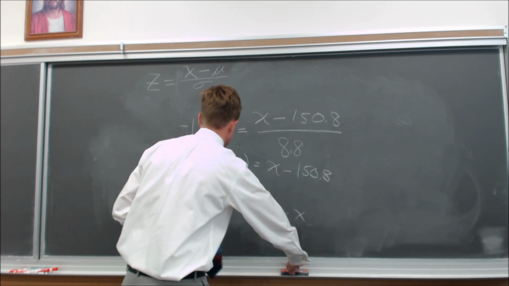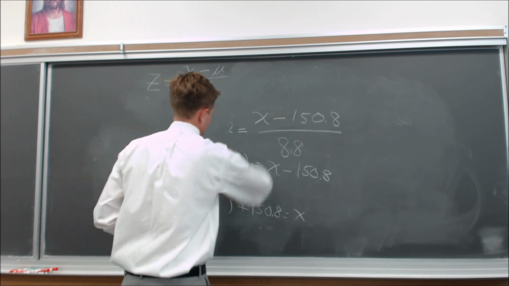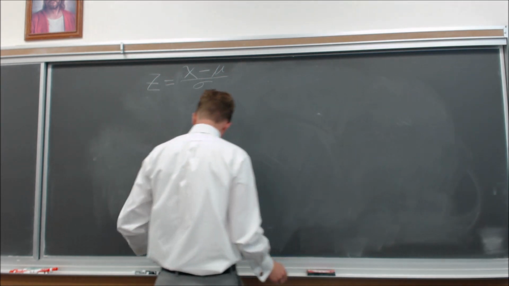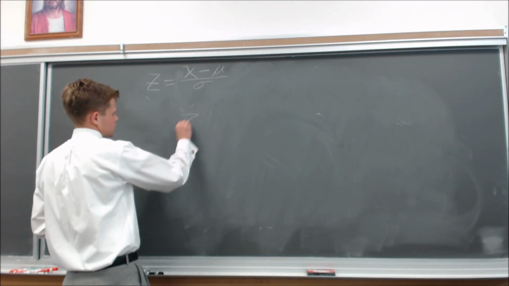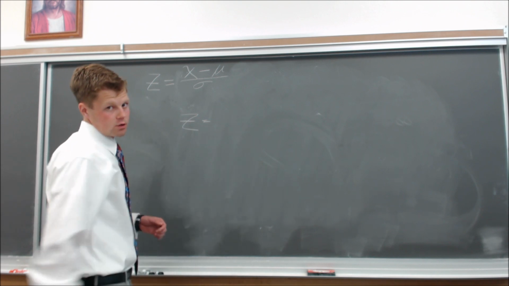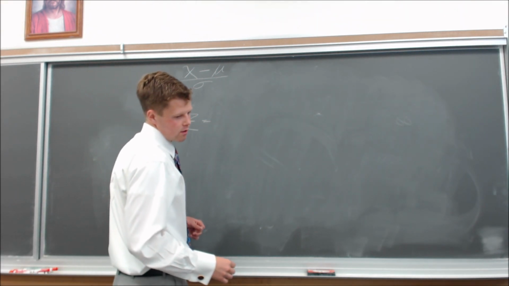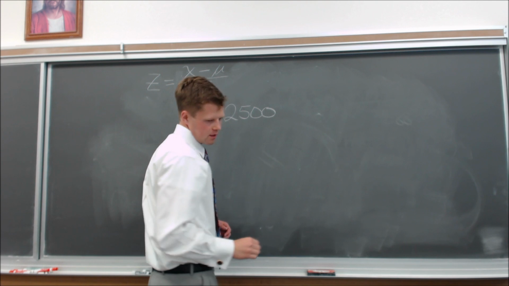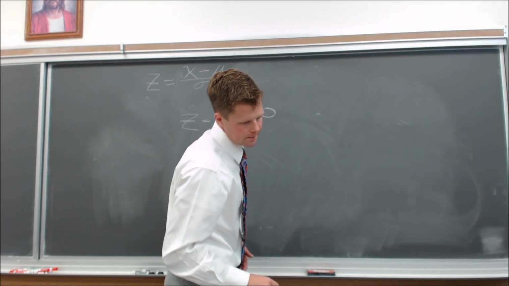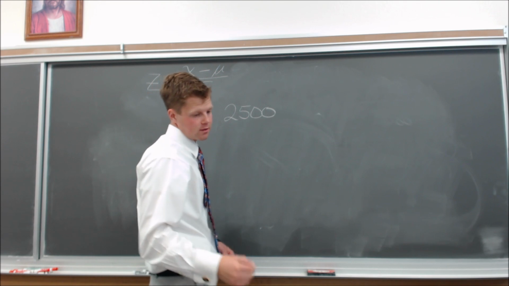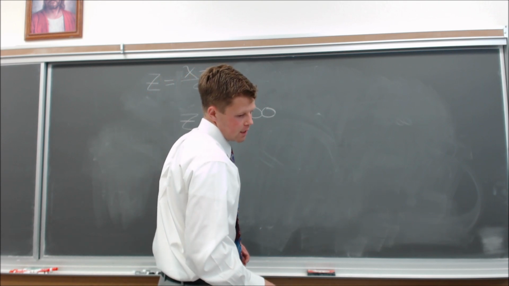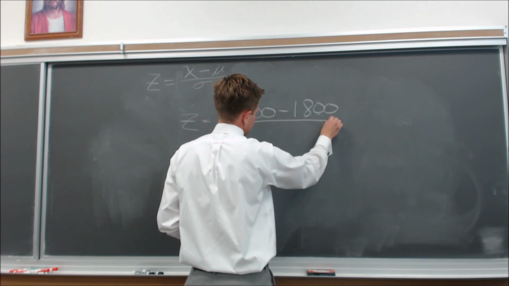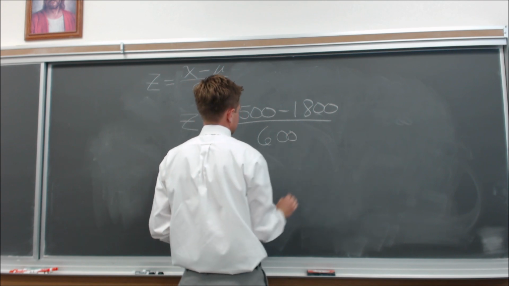Okay, so now we're going to come back to our z-score formula. We're going to look for the z-score because we need a z-score in order to plug it into the normal probability applet. So our value that we're looking at is 2,500, since we want the particle to have a speed higher than 2,500, minus our mean, which is 1,800, divided by our standard deviation, which was 600.